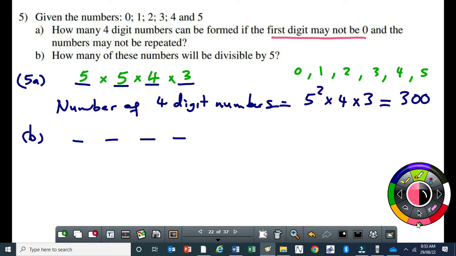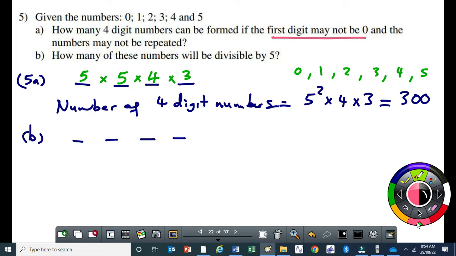Okay, all right. And I have your attention. I'm going to try and determine the 4-digit numbers that cannot be divided by 5. Then I'll do a subtraction from the 300.